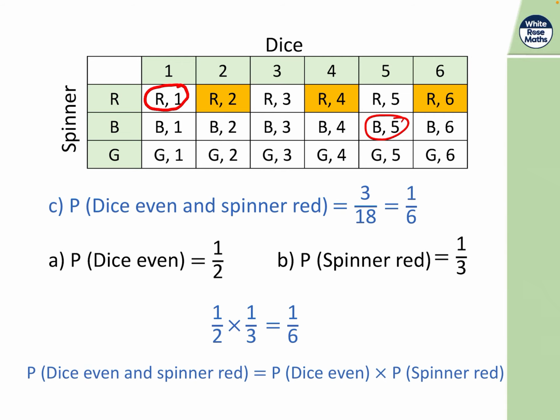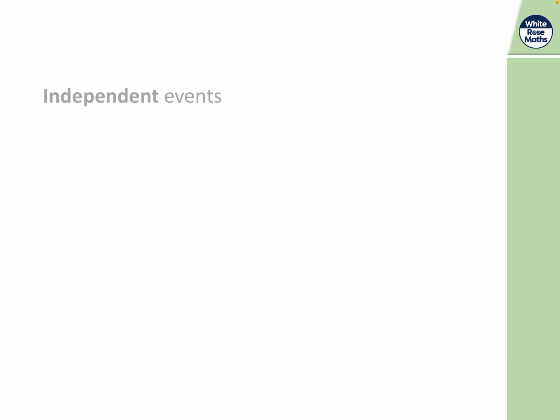So the probability that the dice is even and the spinner is red, we can work out by multiplying together the 2 individual probabilities. This is called the AND rule. So we're going even number and spinner red, and to work that out, we can multiply together the 2 individual probabilities. I hope that makes sense.